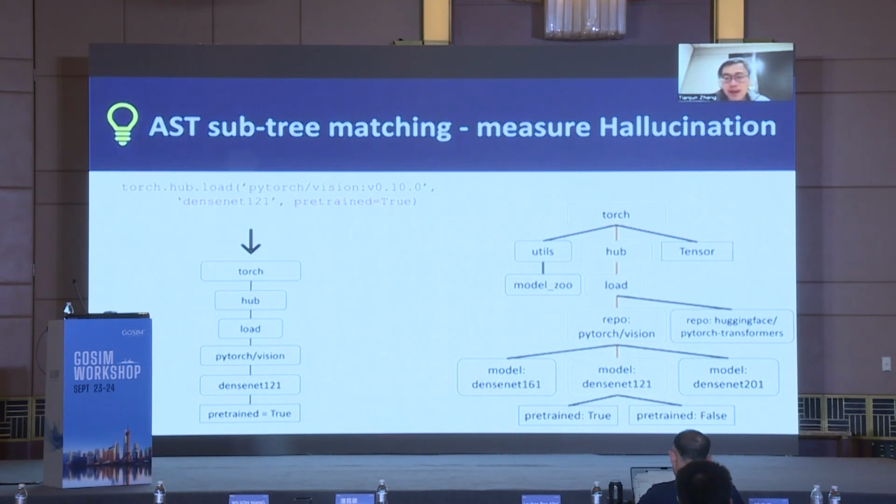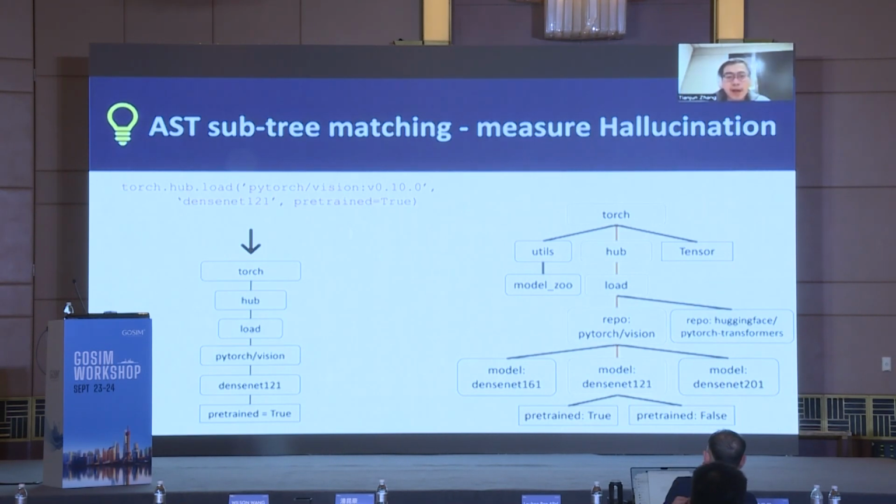And on the right side is what the model generated. The model will generate something like Torch Hub load, PyTorch vision, and then use DenseNet 121, sorry. And it also can use other models, for example, DenseNet 161, which can have other arguments, like util is true and model zoo is true, and pretrained equals true or false.